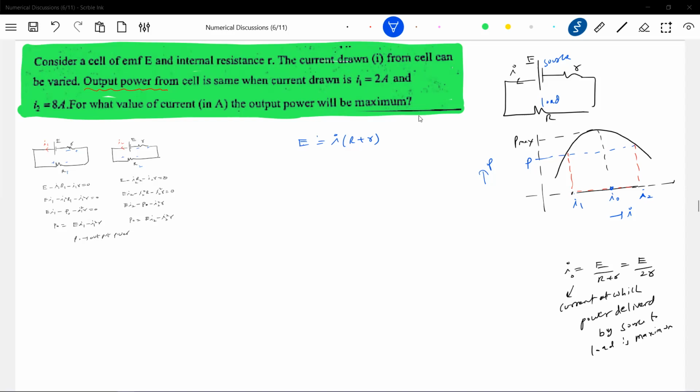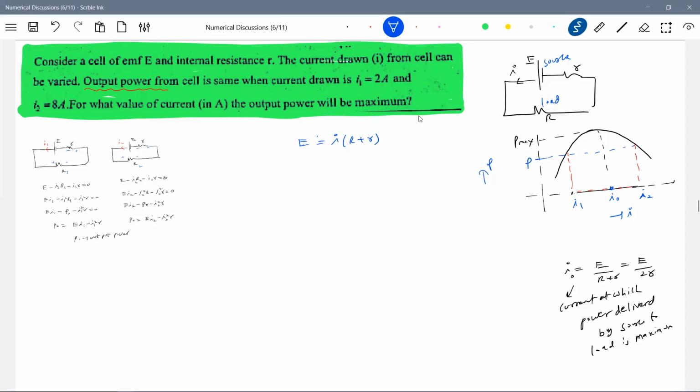No, equations 1 and 2, if you equate them, we'll see if it helps. E I1 minus I1 square R equals E I2 minus I2 square R. So E terms on one side, and I'll make this one here: I2 square minus I1 square times R is equal to E into I2 minus I1.